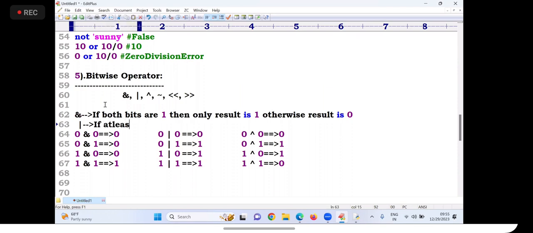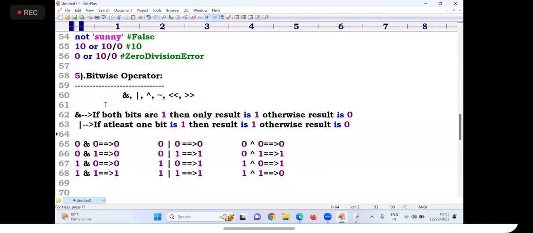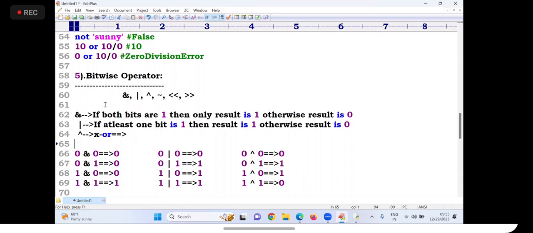If at least one bit is 1, then result is 1. Otherwise, the result is 0, sir. This symbol is spelled as XOR. If bits are different, then only the result is 1. Otherwise the result is 0.